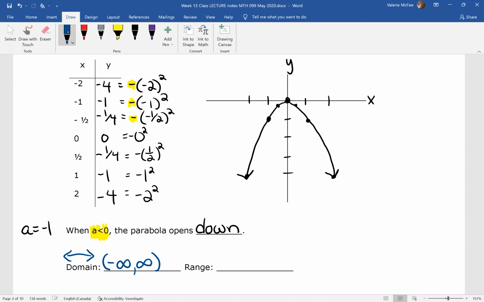Well, we can see that this graph is continuing down to -infinity. The highest point on the graph is here at the origin, where y equals 0. A closed bracket here because that point is included on the graph. This is y less than or equal to 0.